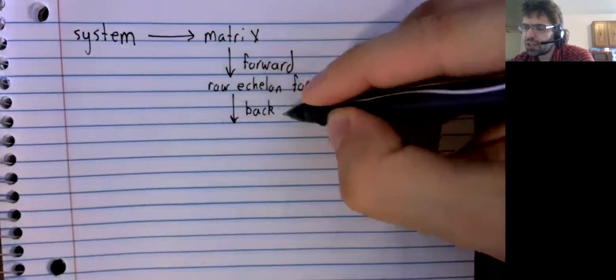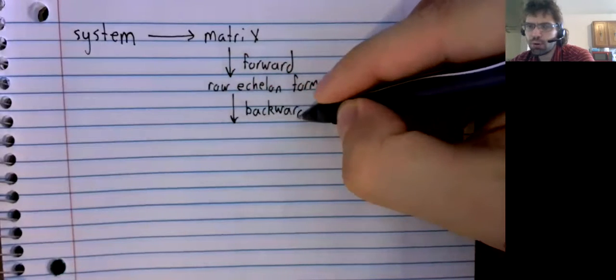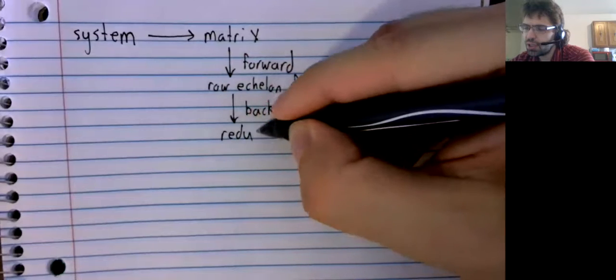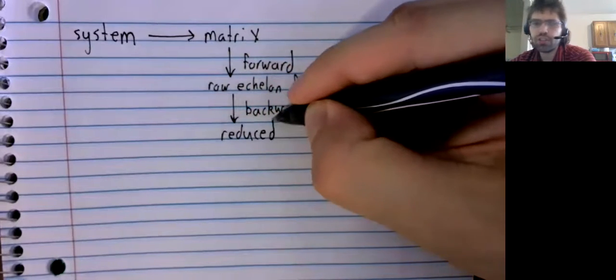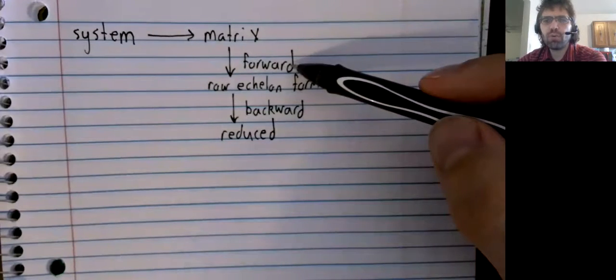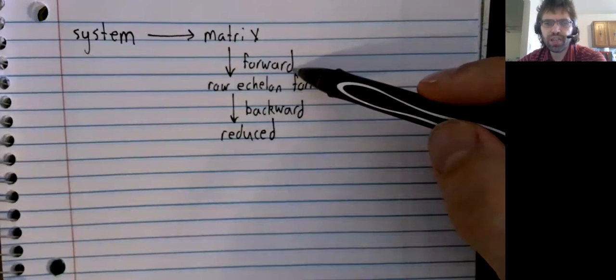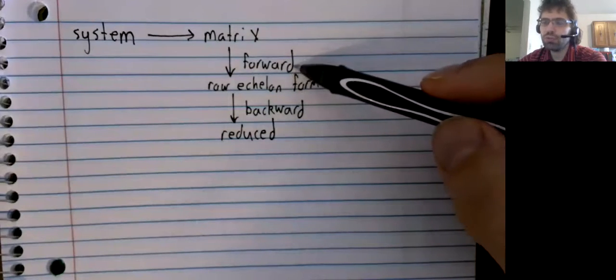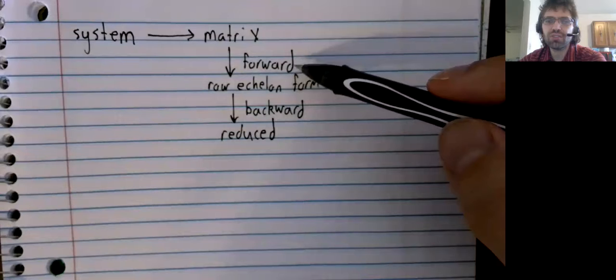And then the backward phase to put it in reduced row echelon form. And that's the solution process. Well, once we've performed the forward phase, we can see if there are no solutions and stop working.